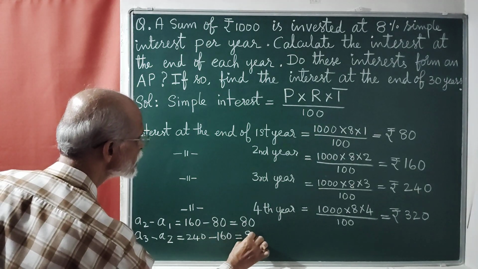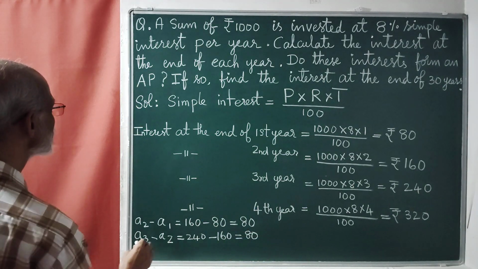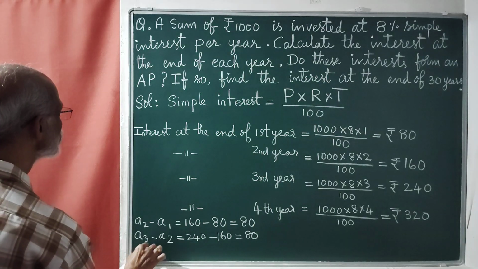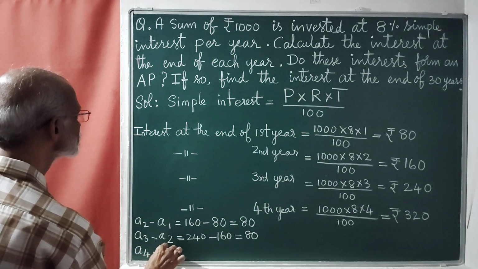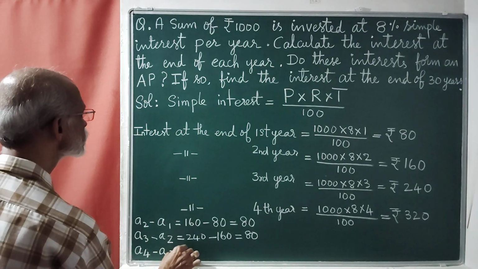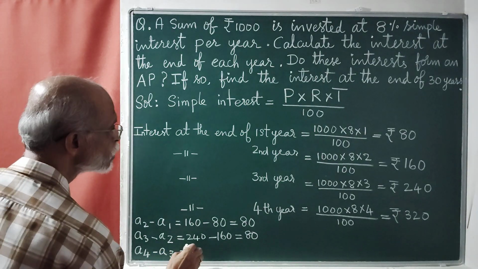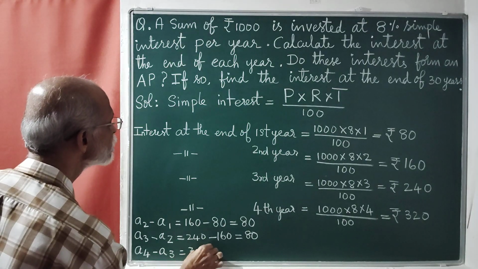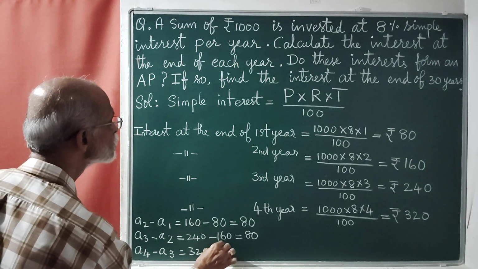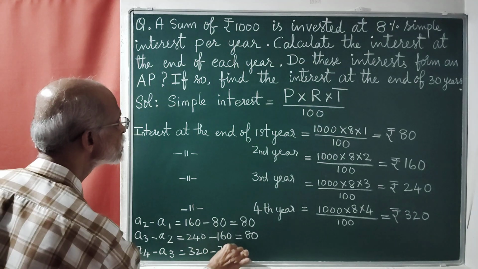Here also we are getting 80. Then A4 minus A3 is equal to 320 minus 240.